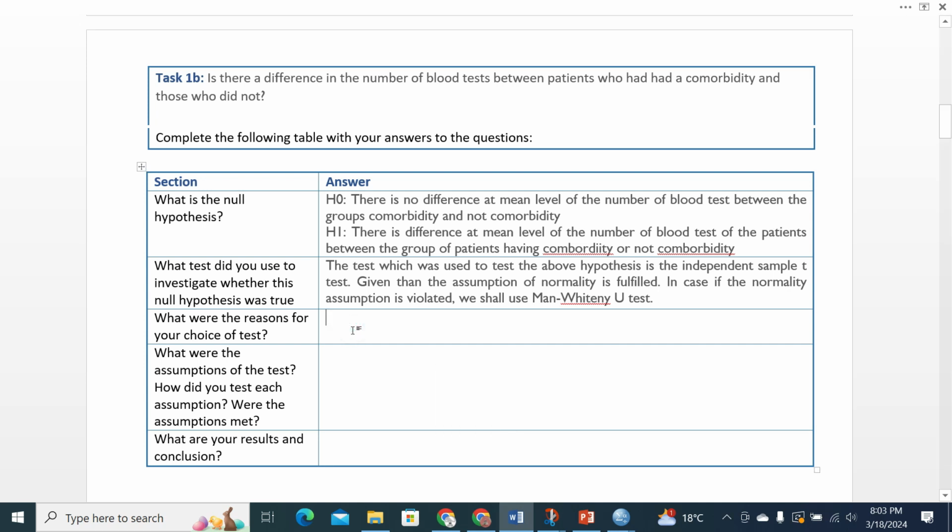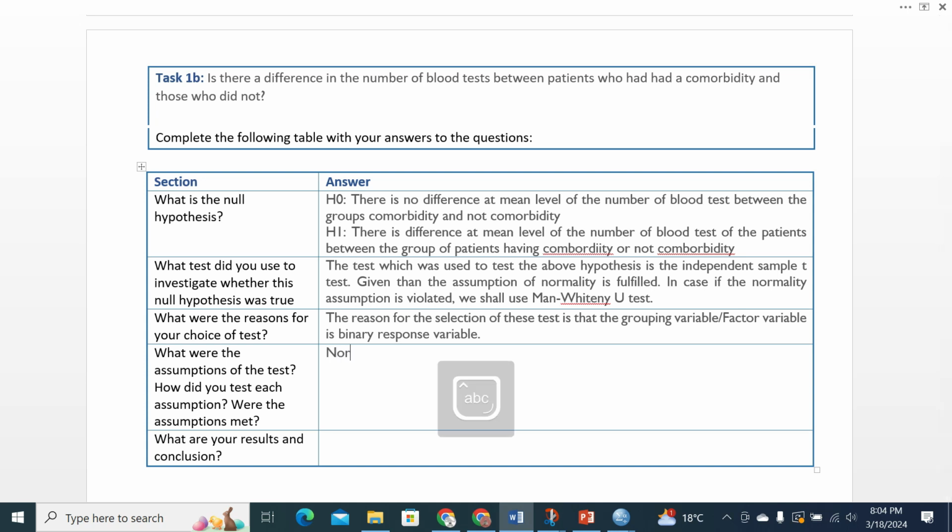The reason for the selection of these tests is that the grouping variable, which is also called the factor variable, is a binary response. Regarding assumptions, obviously normality is the top assumption.